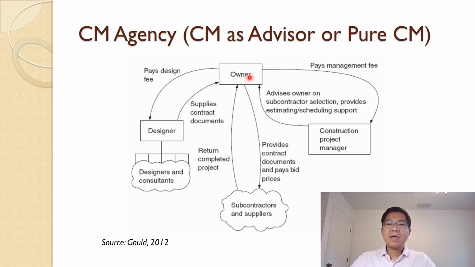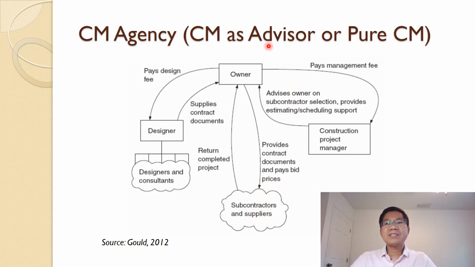They sign a contract with the CM, and then a contract with the designer to do the work. The CM works for the owner on their behalf to manage the design and to advise the owner, when the design is complete, on selecting the subcontractors and suppliers.